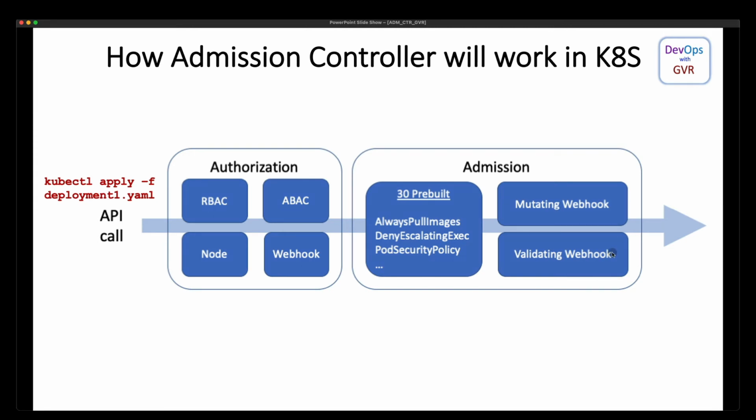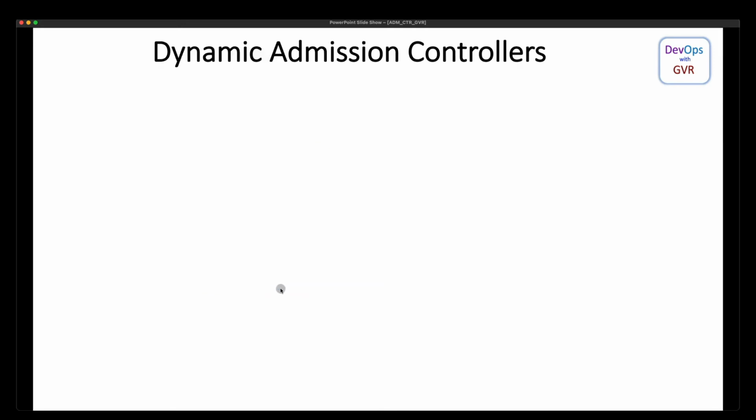It's something like crossing immigration, where the immigration officer puts one stamp because everything is good to enter the country. Something like that, it will validate this deployment, and then store it in etcd. After storing in etcd, the scheduler will take care and do the scheduling job. That's it. That's how it works at a high level.